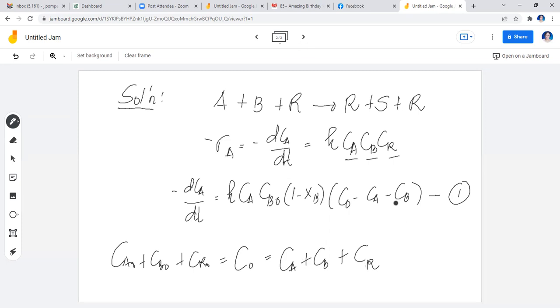So from here, this is where you took the C sub O minus C sub A minus C sub B equal to C sub R from this particular part in your equation. We'll make that our equation 2.